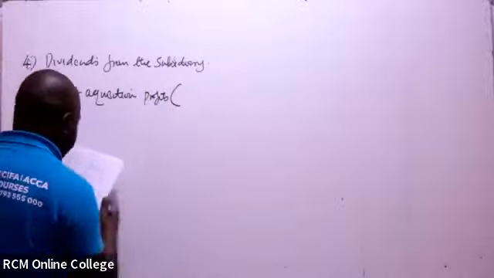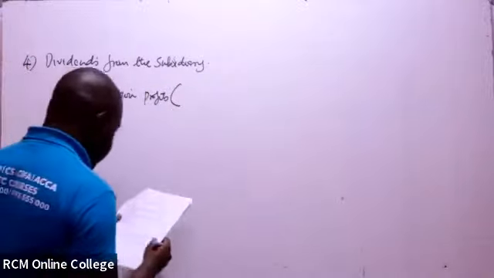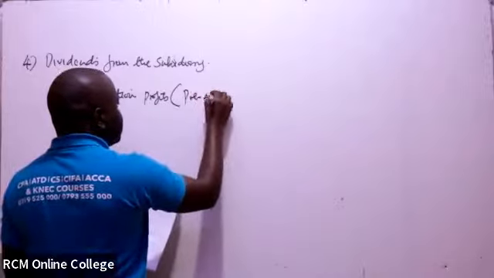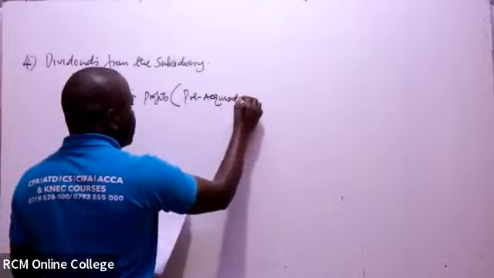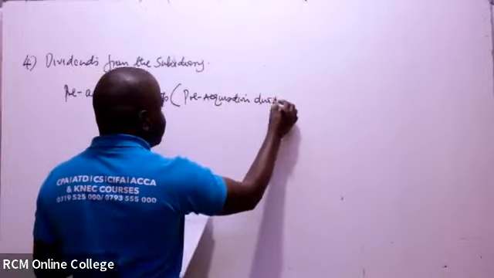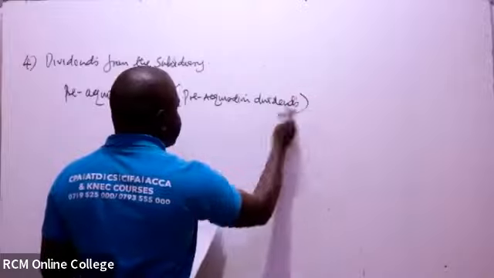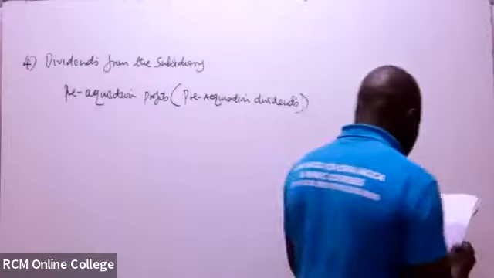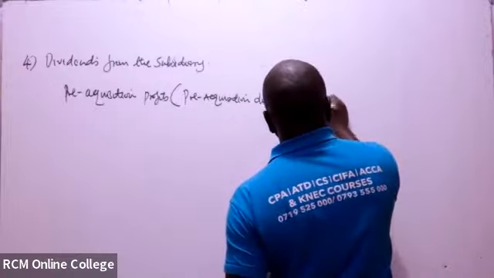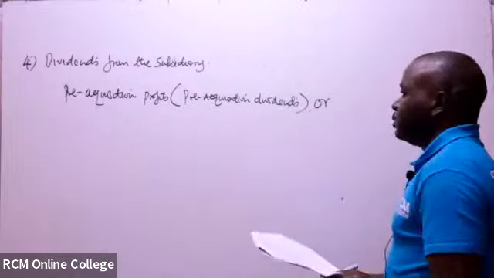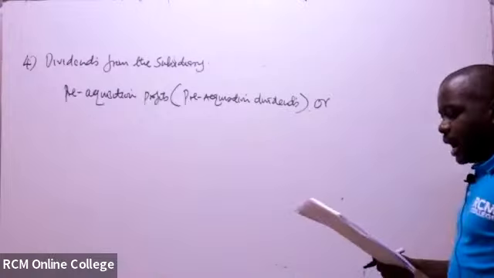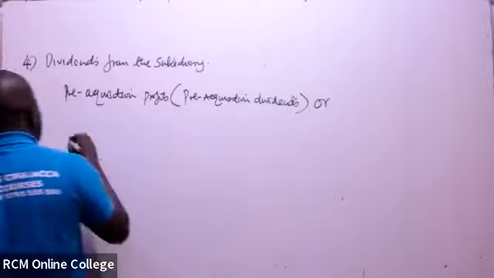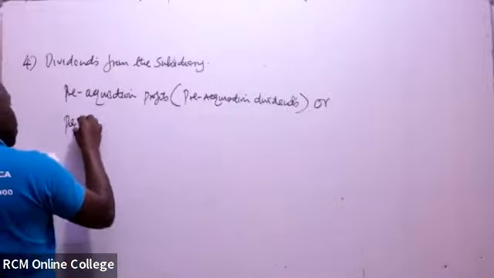You put in brackets, pre-acquisition dividends. We call it pre-acquisition dividends, the dividends that were actually paid by the subsidiary before it was acquired. Or it can be paid out of post-acquisition profits, this is after acquisition.